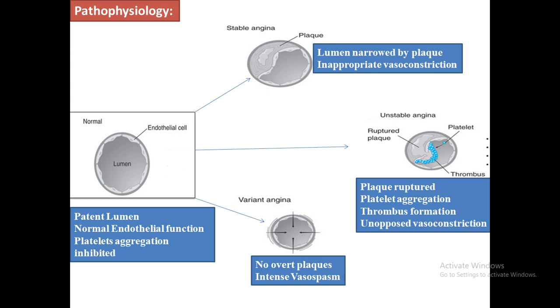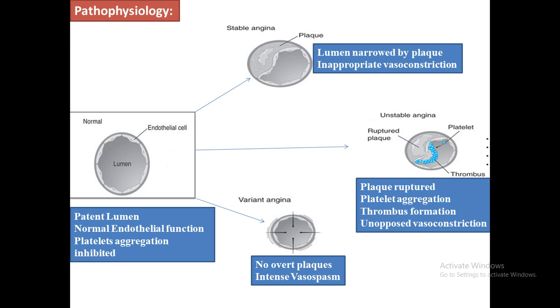But following the first arrow to stable angina, you can see the lumen narrowed by the plaque, with inappropriate vasoconstriction. There is formation of the plaque and activation of platelet aggregation and all other factors associated with arteriosclerosis; the plaque forms and the lumen gets narrow, so you will observe inappropriate vasoconstriction.